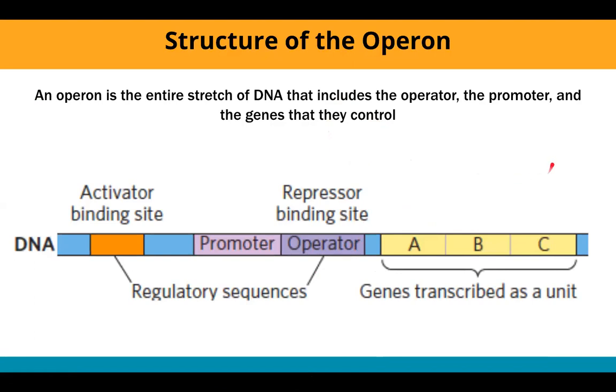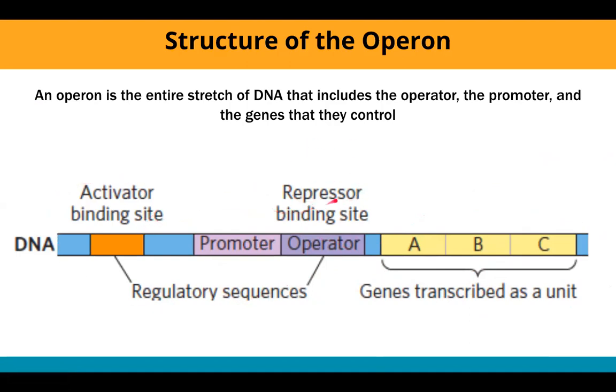Before dealing with the specific operons, let us describe what an operon is. An operon is an entire stretch of DNA that includes the operator, the promoter, and the genes that they control. So this is the basic structure of an operon. The components are the promoter, the operator, and the genes transcribed as a unit. We also have regulatory sequences: an activator binding site and a repressor binding site.